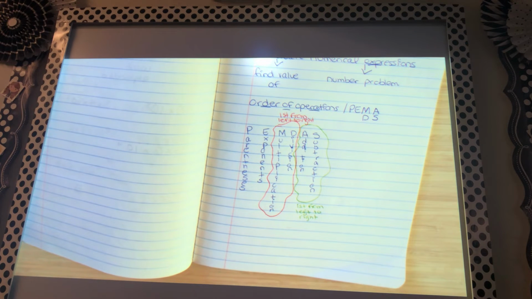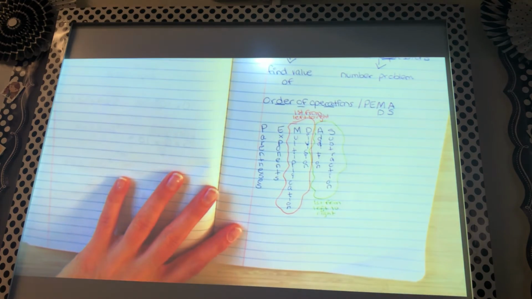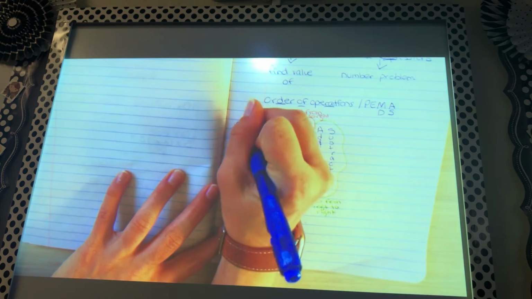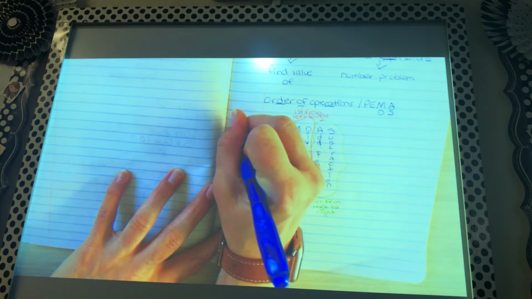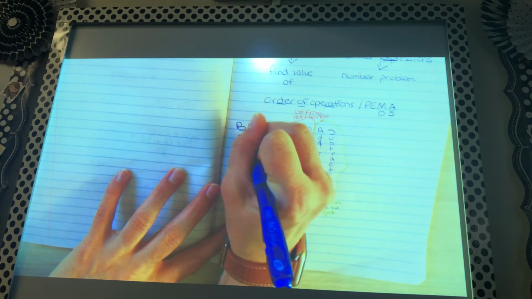So this you're probably quite familiar with, but in 5th grade, we like to switch it up a little bit, and we also use brackets and braces. So we put brackets, it's more like boom PEMDAS. So we have brackets and braces off to the side.